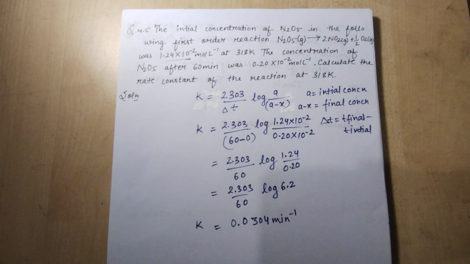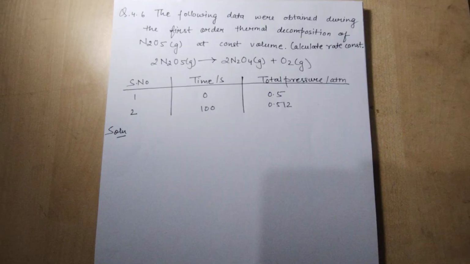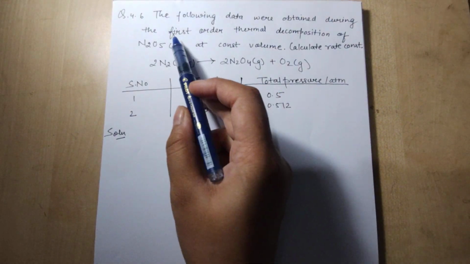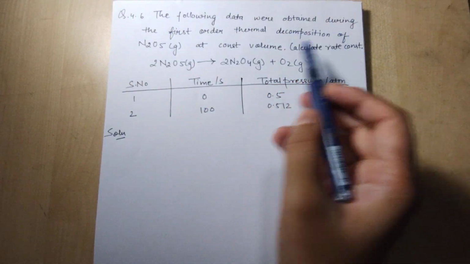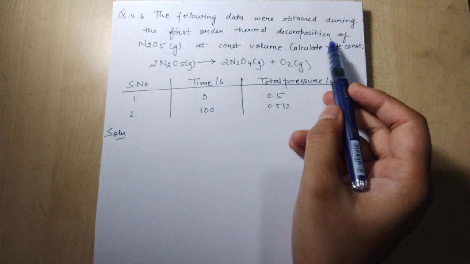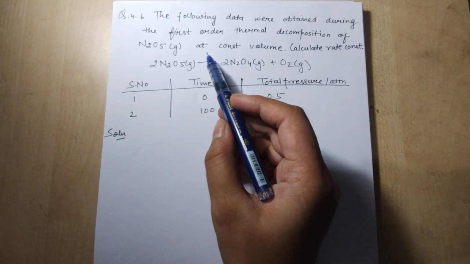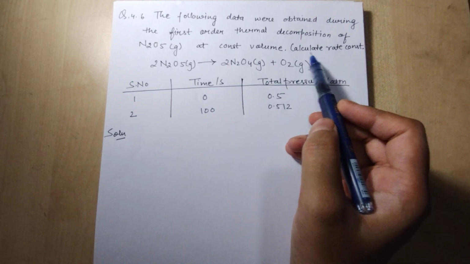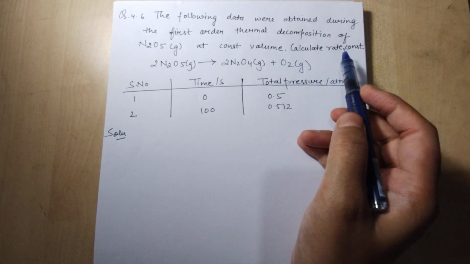Now we will solve our next question. The question is: the following data were obtained during the first order thermal decomposition of N2O5 gas at constant volume. Calculate the rate constant.